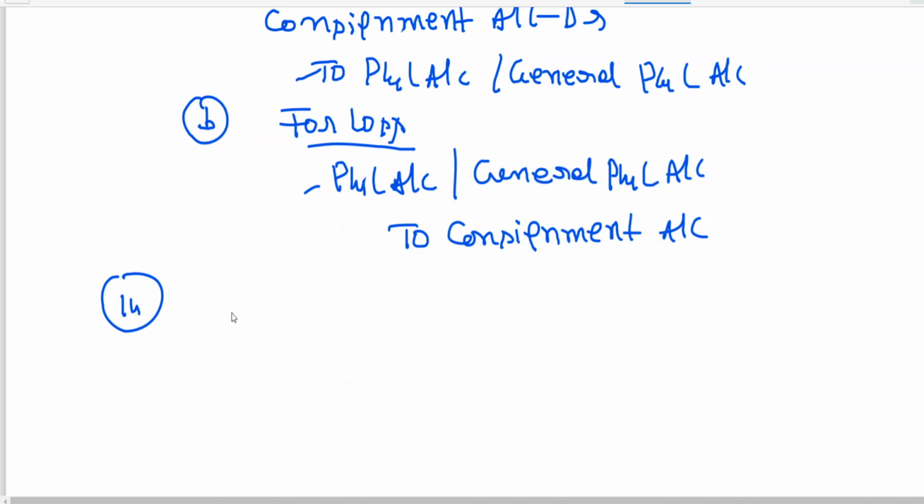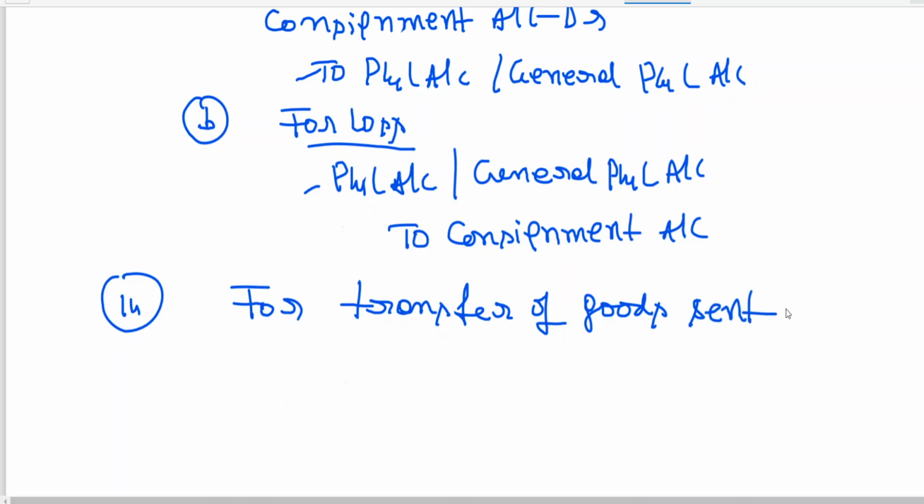So by following the matching principle, in order to find out the actual stock which is with me, I need to deduct goods sent on consignment account from purchases. That is what I am writing. For transfer of goods sent on consignment, we are having one problem on this, we will be knowing that.